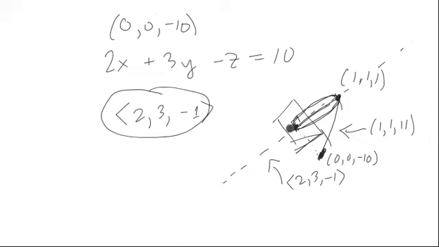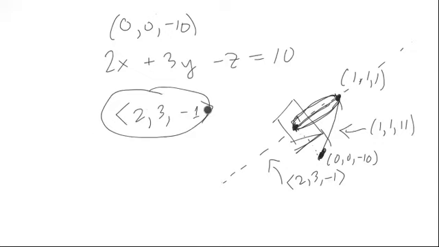How do you project something onto something else? Well, whatever you're projecting onto, turn into a unit vector and take a dot product. It's as simple as that. So if we want to project onto this guy, make it a unit vector and then dot it with what we want to project onto it.